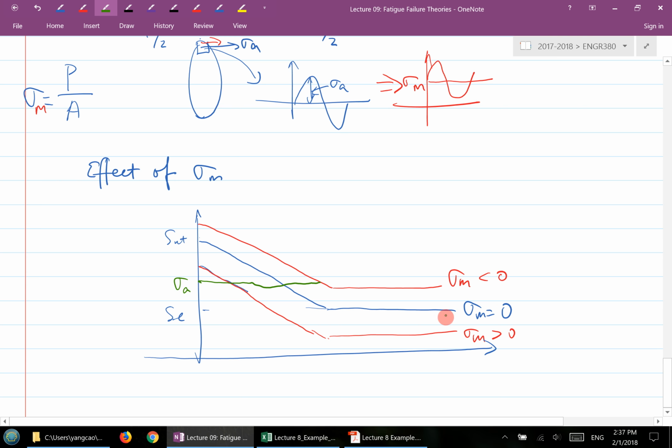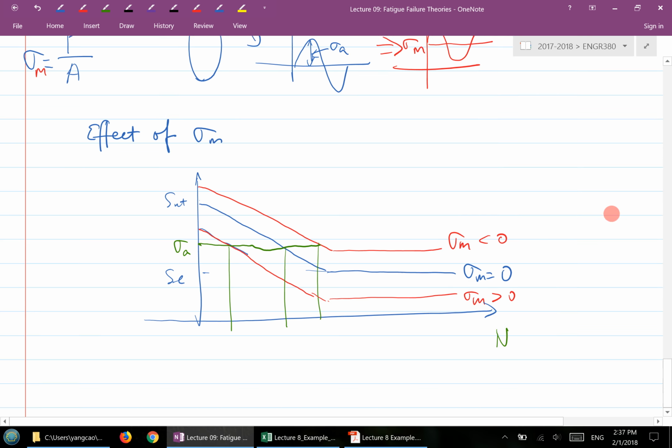Corresponding to the 3 different scenarios, you can see which one has a longer life under this combination of sigma A and sigma m. Apparently this one will have a longer life, because this is the N, the number of cycles. So that's the effect of the presence of sigma m.